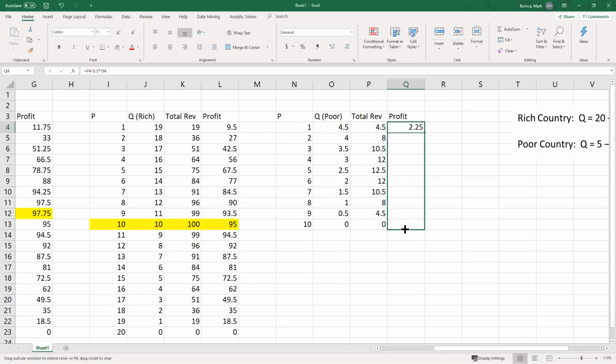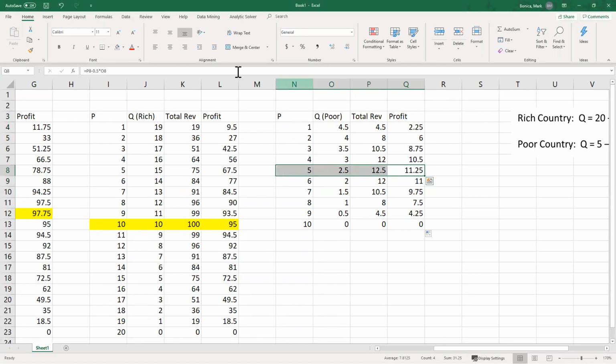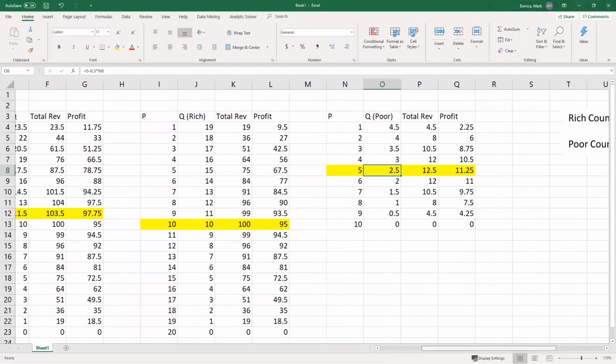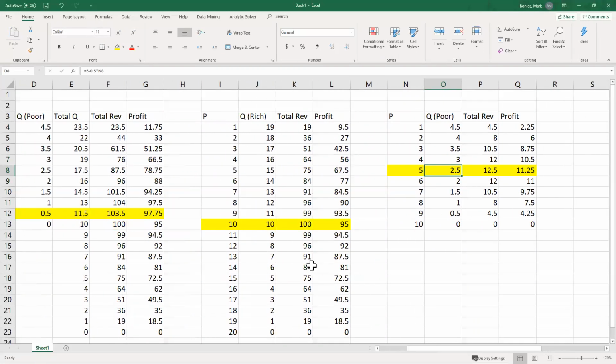So what we find is profit maximized at a quantity of 2.5. So what happens? The respective communities get 10 and 2.5, right, for a total of 12.5.